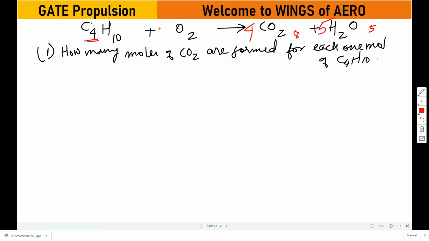We can go for 7, so 14. But 13 is what we need. If we put 6H2O, we cannot balance. We can go as 13 by 2. Now instead of putting 13 by 2, can I write it in this way?